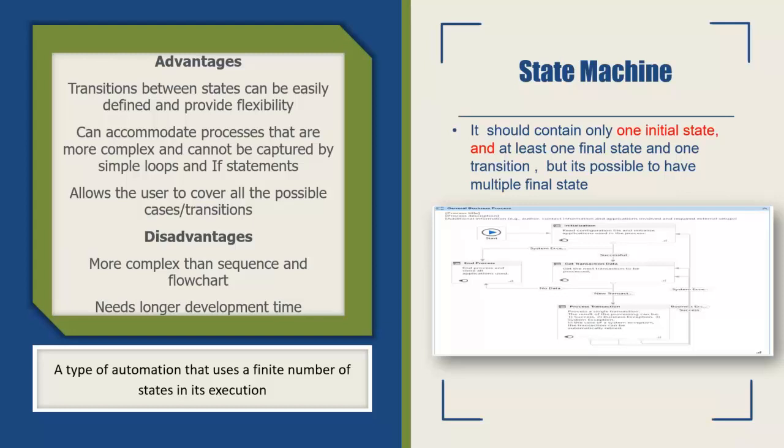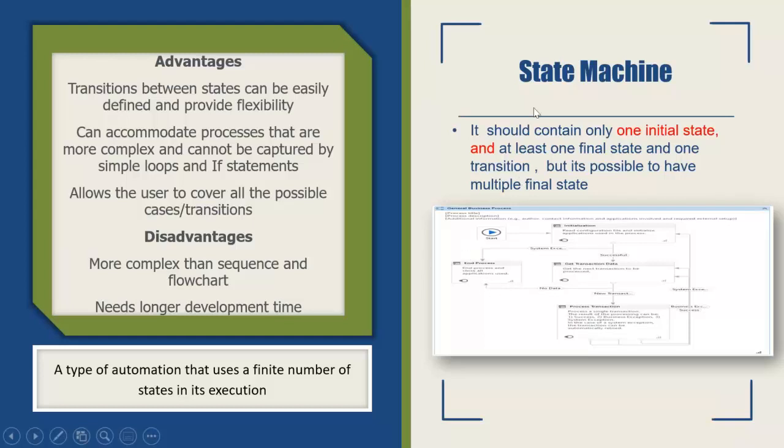So if you see here, there is a start, then you can see the initialization, different processes or different states, I should say. So initialization, get transaction data, process transaction, end process. So there are different states for a state machine. Okay.